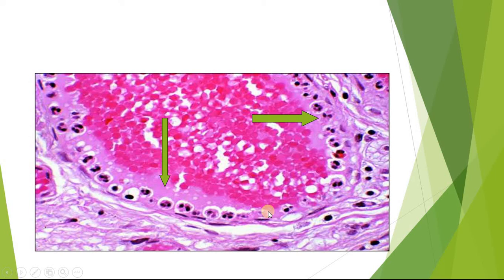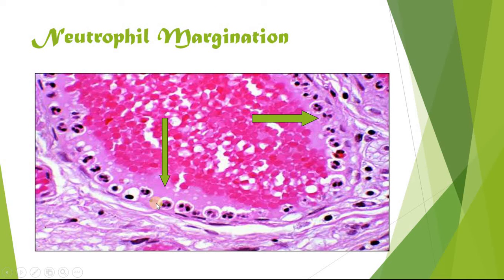More leukocytes is not normal. It occurs in inflammation, known as margination. Now look, some cells move away, some are trying to penetrate.